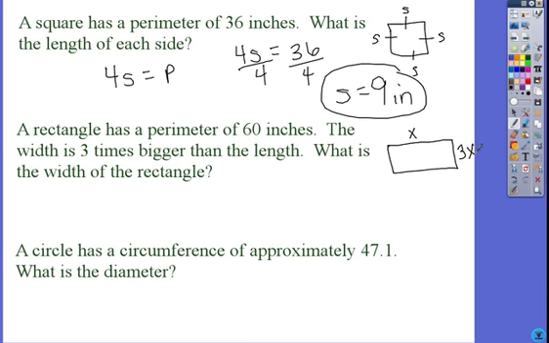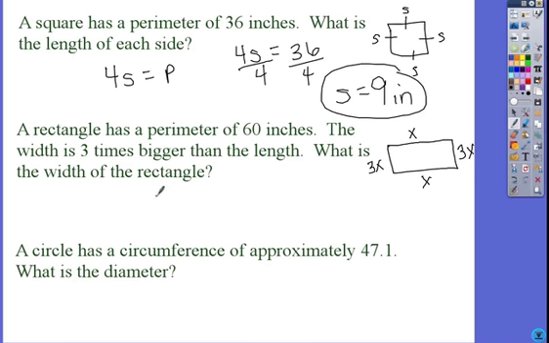My drawing is not to scale. So in a rectangle, if this side is x, this side also has to be x. And if this side is 3x, this side has to be 3x. So how am I going to find the perimeter? I know the perimeter is 60, so I know that all of these sides added together need to equal 60.